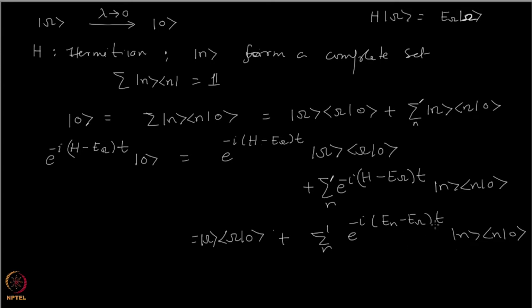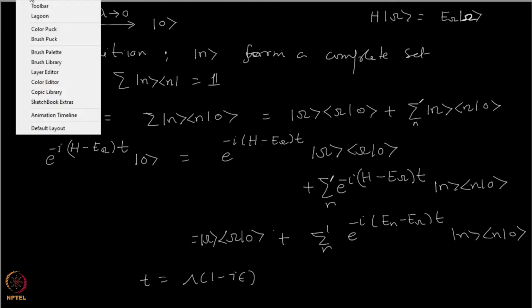So what I'll do now is the following. I will write T as lambda times 1 minus i epsilon. Let me go to the next page and then write. I'll rewrite this.